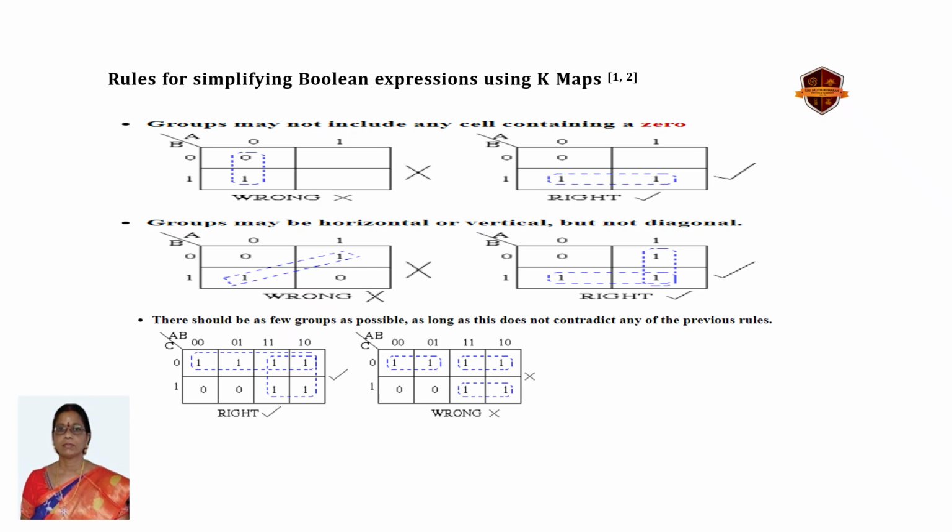If adjacent 4 squares are grouped, then the result will be a 1 variable term. If 2 squares are grouped, it is a 2 variable term, and if a 1 remains separate, it results in 3 variables. So you can group 1, 2, 4 and 8 in powers of two. You cannot group in odd numbers like 3 or 5. This is applicable to all variable maps, 3 variable, 4 variable, 5 variable.